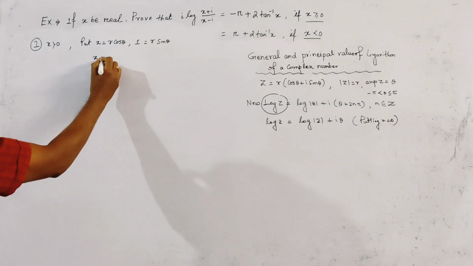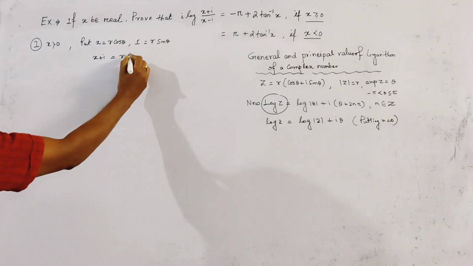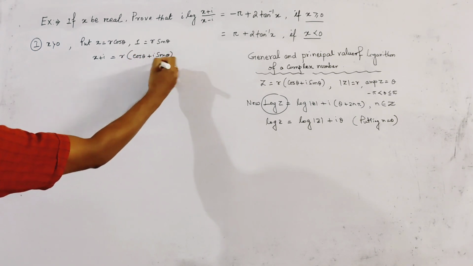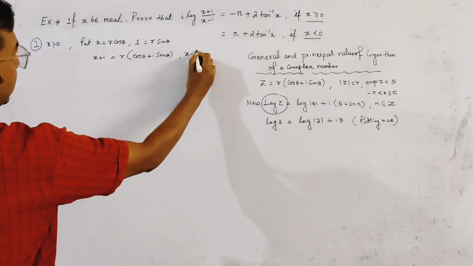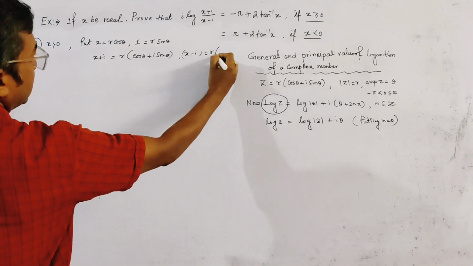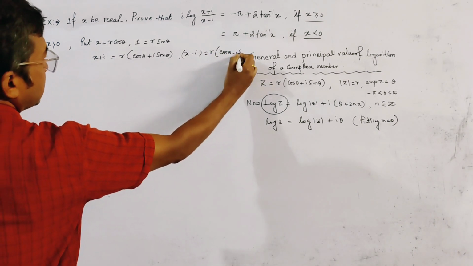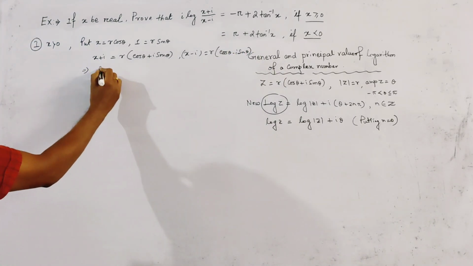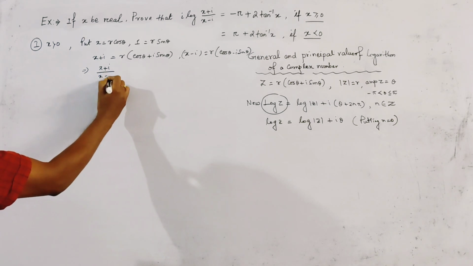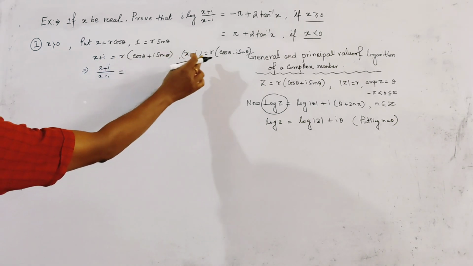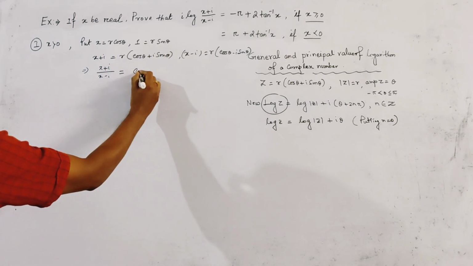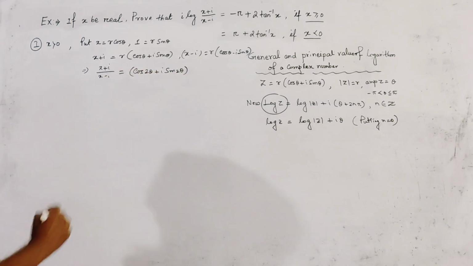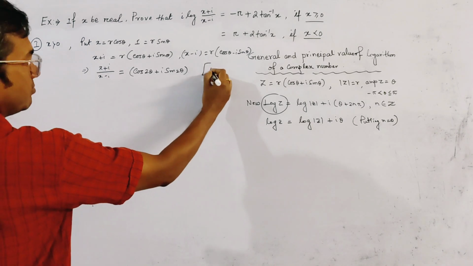Then we get x + i = r(cos θ + i sin θ), and x − i = r(cos θ − i sin θ). And we get (x + i)/(x − i), r cancels out, and we write it as cos 2θ + i sin 2θ. We directly use De Moivre's theorem here.